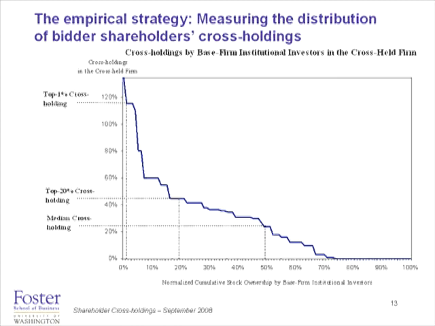So what we do is, and we only have data on institutional investors, so we're looking at the fraction of institutional votes held by each institution. We rank the votes or stock ownership in the bidder from 0 up to 100% by their relative cross-holding. So if you have a larger stake in the target than you do in the bidder, then your cross-holding is going to be over 100%, right?